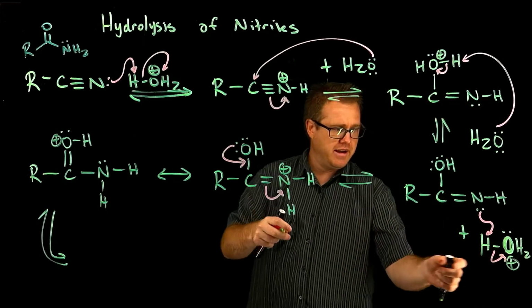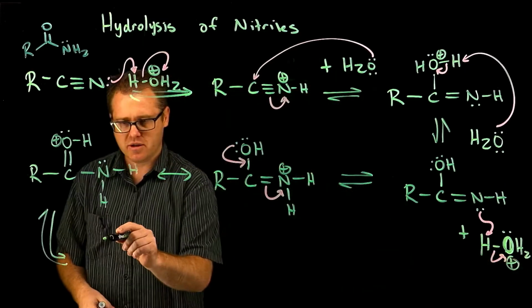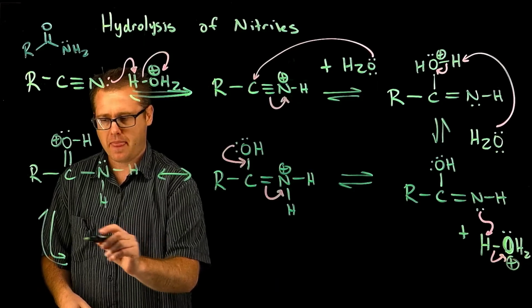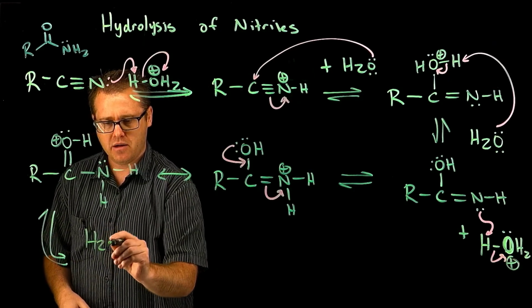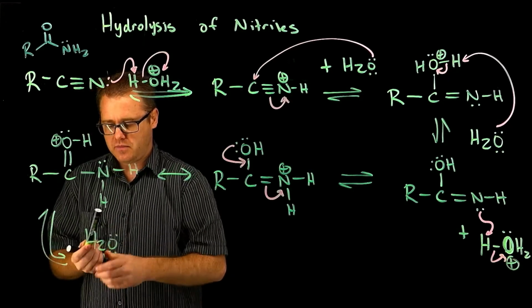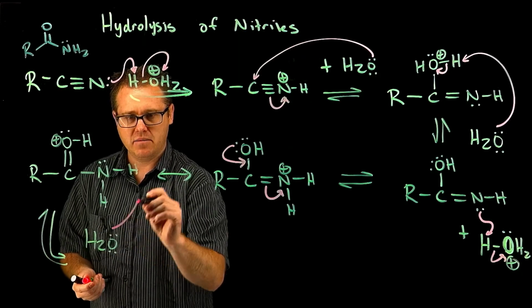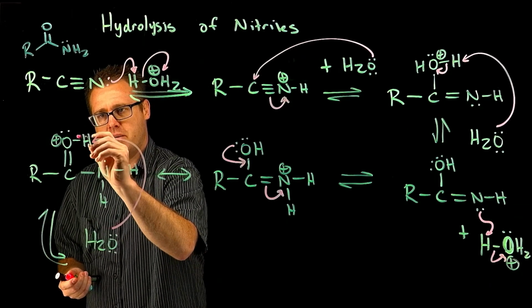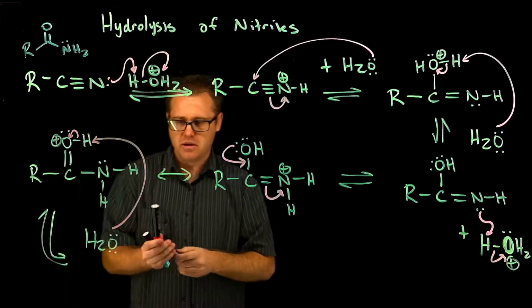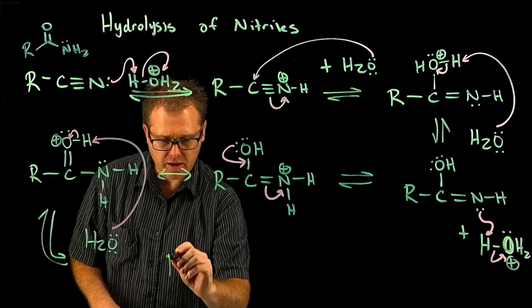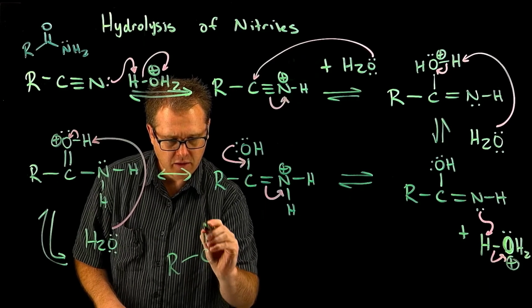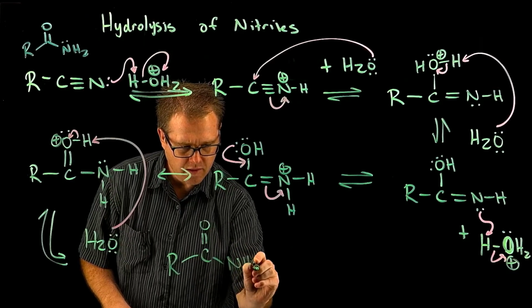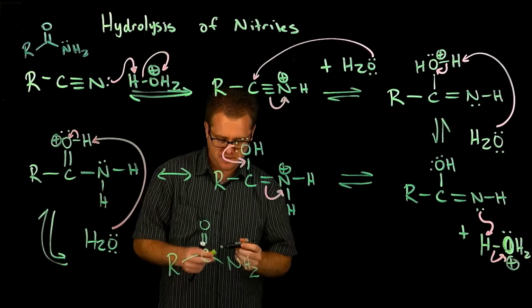So what did we generate? We generated some water. So there's water present. We'll put it right here. So that water is going to act as a base and do a proton transfer to give us our product. And there's our amide.